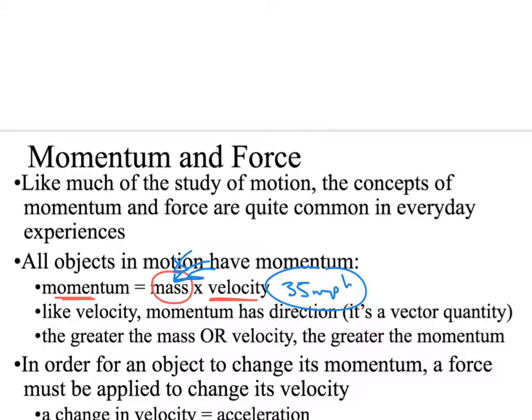You can tell that the Mack truck weighs a lot more, and so the Mack truck has more momentum. The momentum of the Mack truck would be in the same direction that the truck is traveling, and it would have a certain magnitude that is very high based upon its mass.